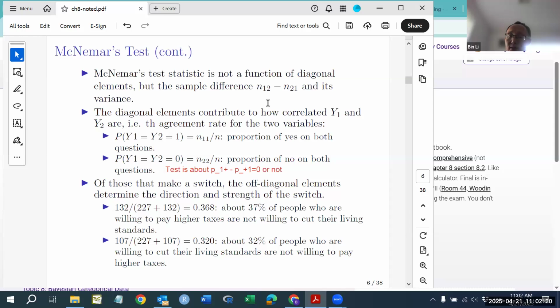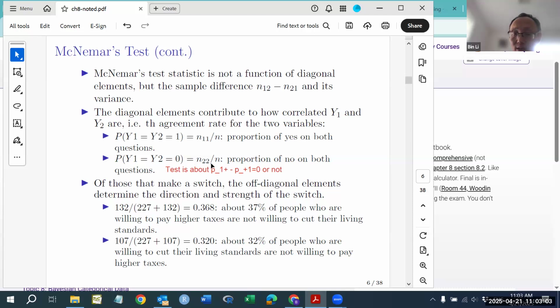Okay, why is that the case? Because the test or the confidence interval is really about what? It is really about the difference of the marginal proportions. So the McNemar test and the confidence interval are really about testing whether pi 1 plus and pi plus 1 differ or not. So these are really about the switching proportion. Is that right?